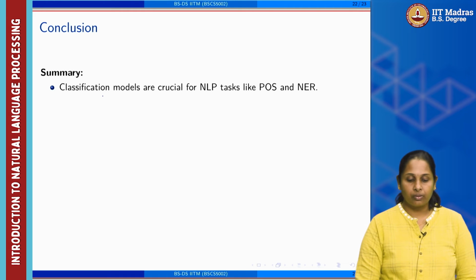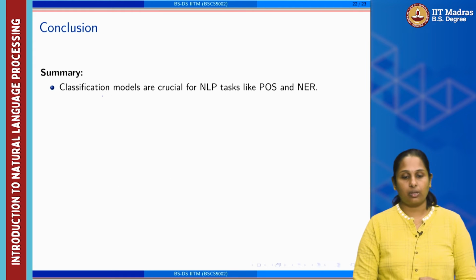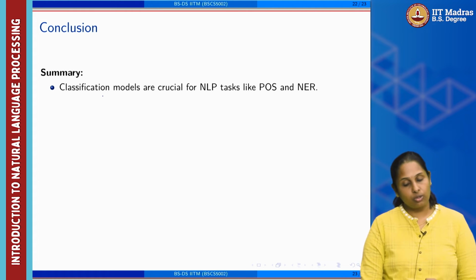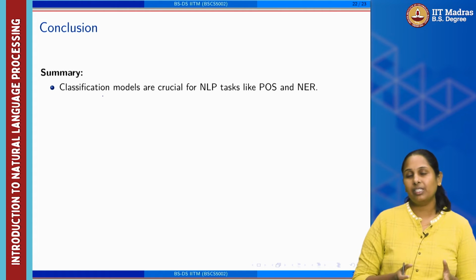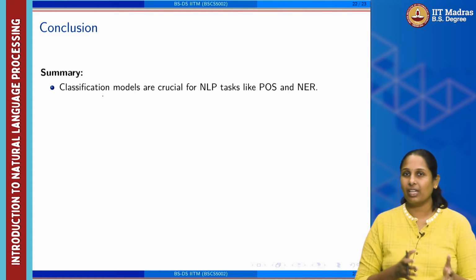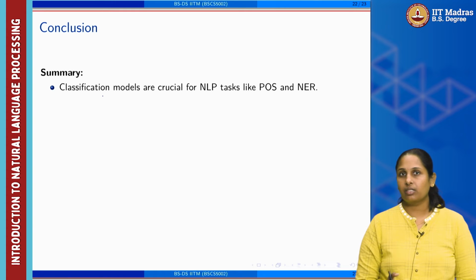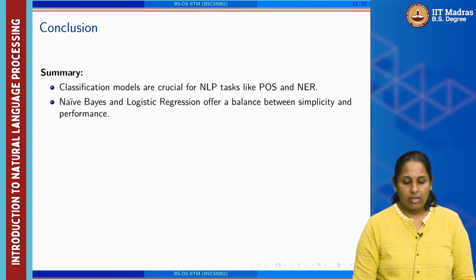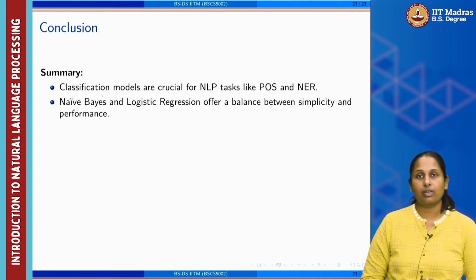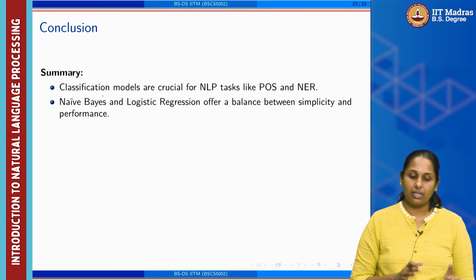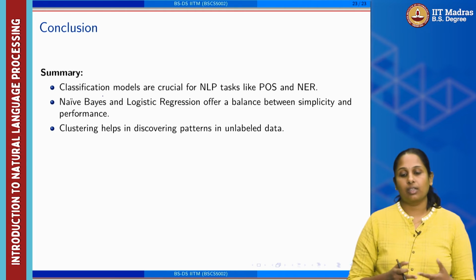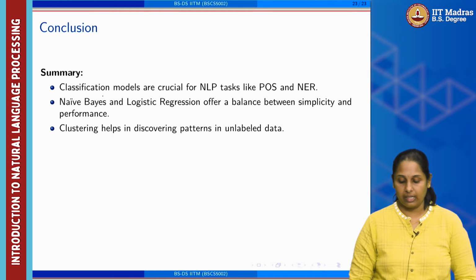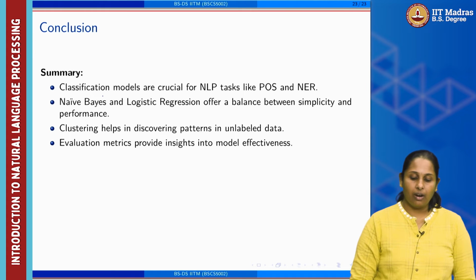So, to summarize, classification models are crucial, and even if you work on POS and NER with limited computational resources and a limited data set, you can still use them. Naive Bayes and logistic regression offer a balance between simplicity and performance, and clustering helps in discovering patterns in unlabeled data sets.